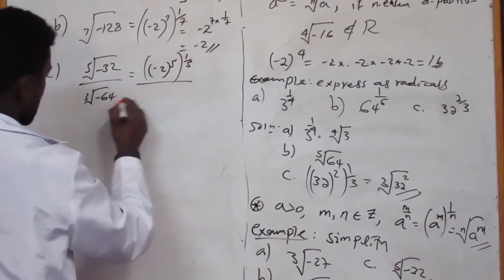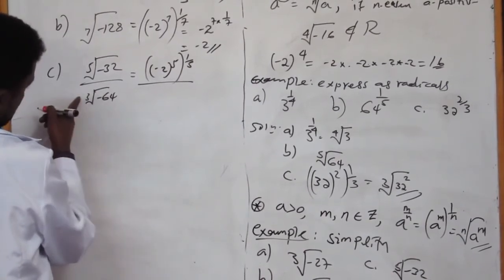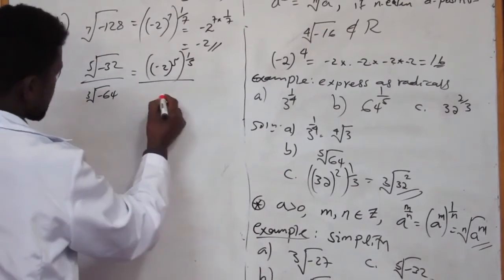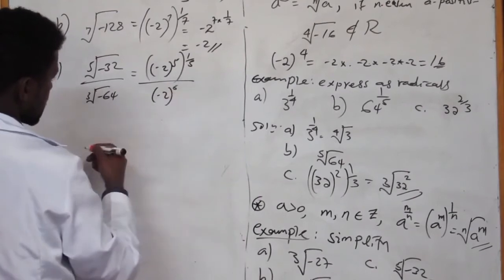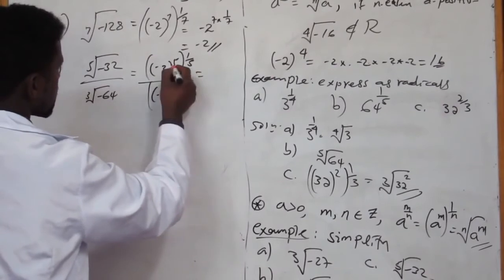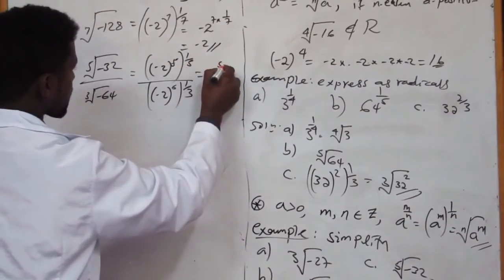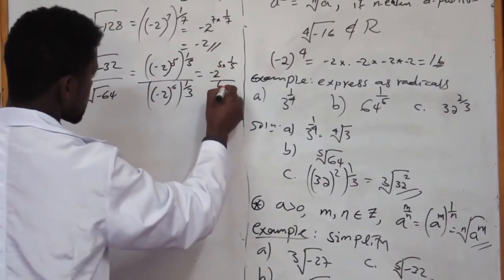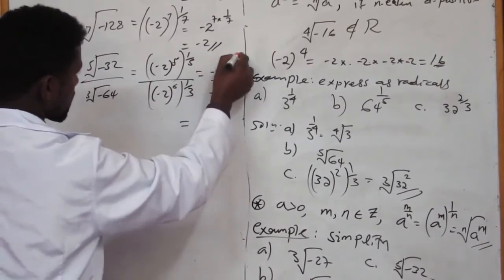Over negative 64, which we can write in power form as negative 2 to the power of 6, the whole to the power of 1 over 3. This means we can multiply the exponents: negative 2 to the power of 5 times 1 over 5, divided by negative 2 to the power of 6 times 1 over 3.